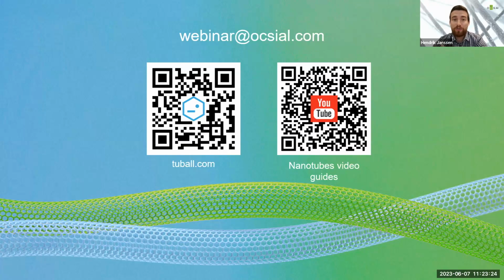How do I get the data sheets and technical SDS on your website? I guess it's on TUBALL.com. Yes, you can find all the documentation on our website. We have a TDS and an MSDS, and if you come in contact with us, we can share additional technical information that is very useful, like processing guidelines, so you have all the details on how to process nanotubes in the lab for tests and also in production.